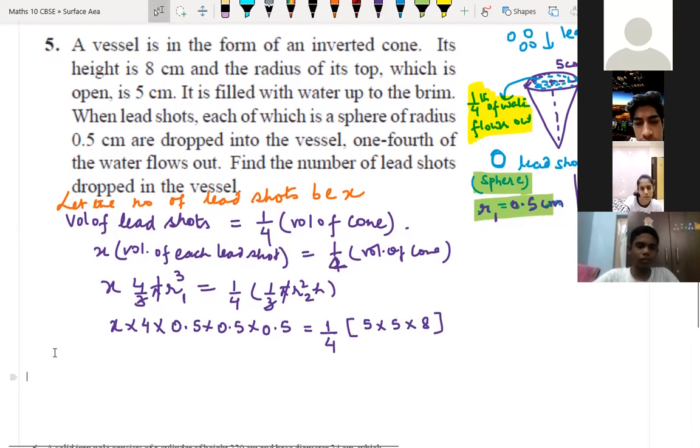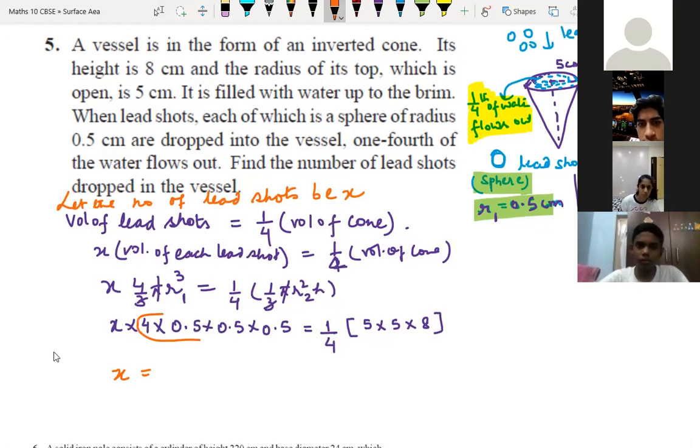Yes, sir. So if you're finding X over here, don't multiply anything. This whole part what you are seeing here, this everything you send down, okay? That will become easier to calculate.